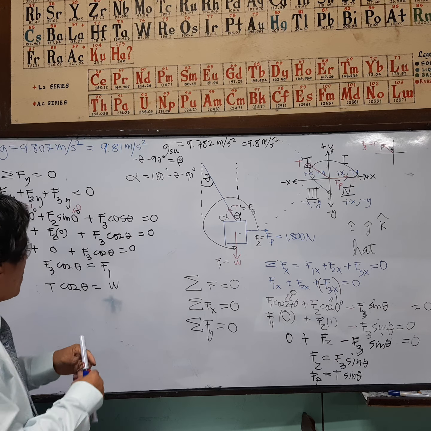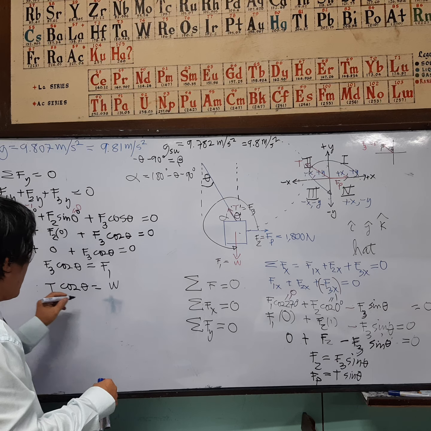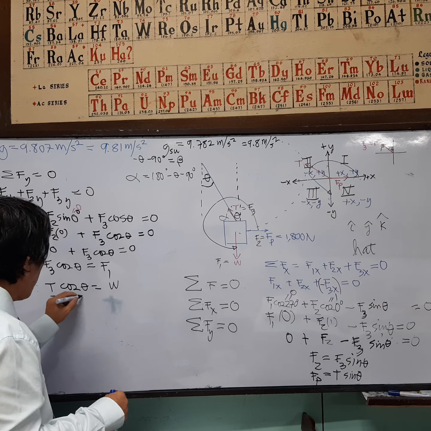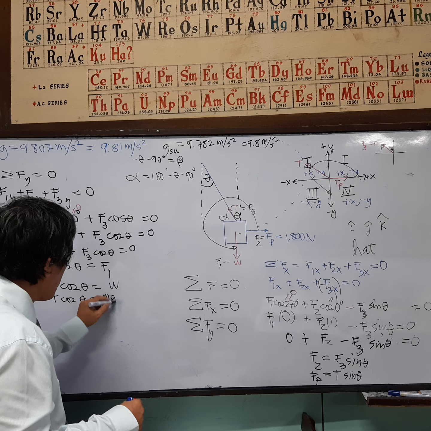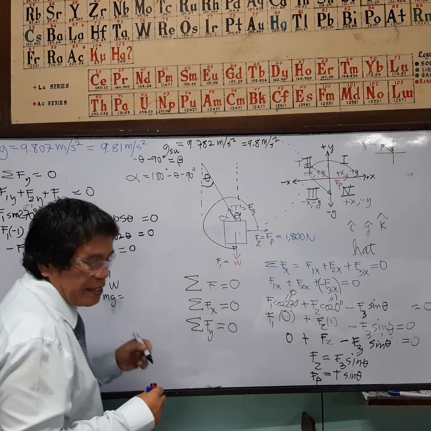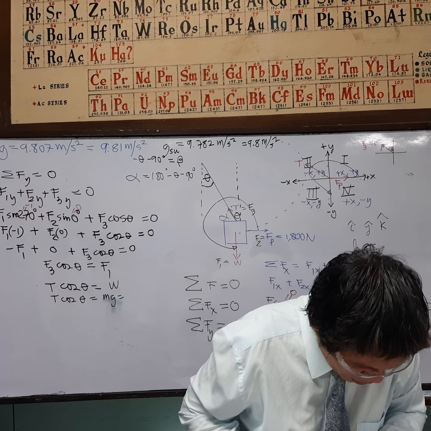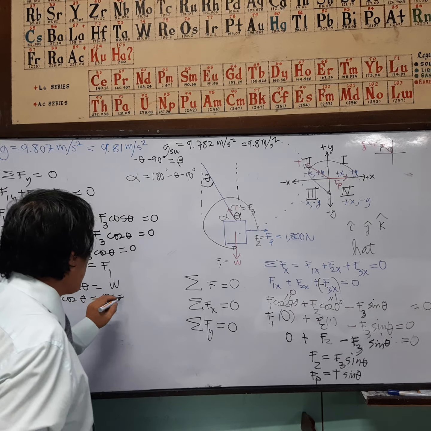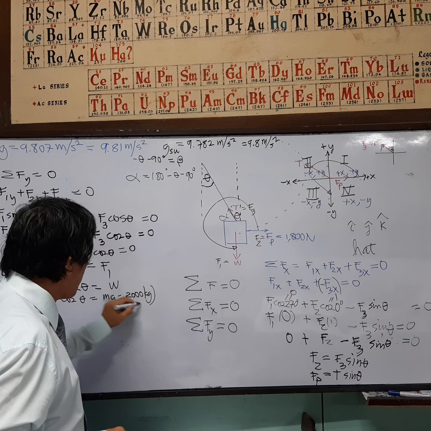What is the weight here? Tension cosine theta equals the weight, weight equals mg, and what is m? The mass is 2,000 kilograms times g.